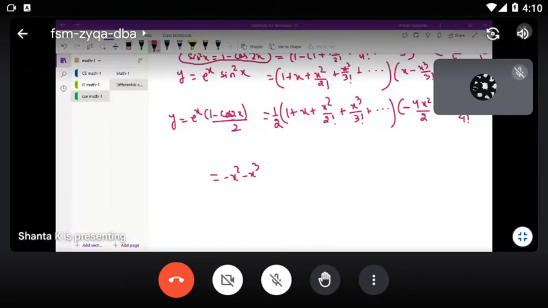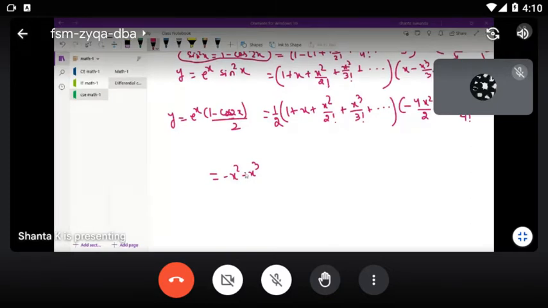Then minus 17 by 30 x raised to 4. 17 by 30, it is coming 1 by 6. But what I am getting is the positive terms. x square, then plus x cube plus x to the power 4 by 6 minus x to the power 5 by 30.